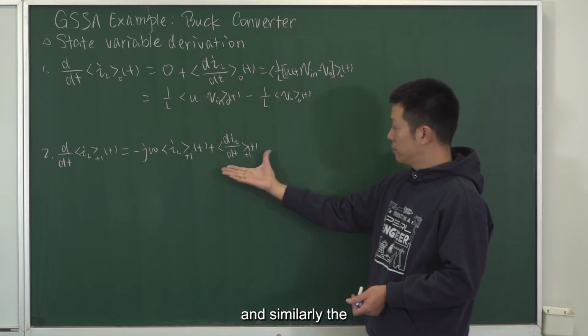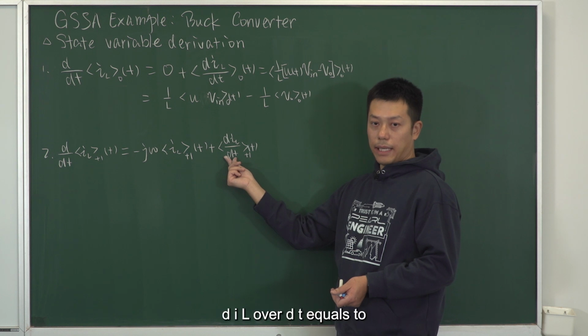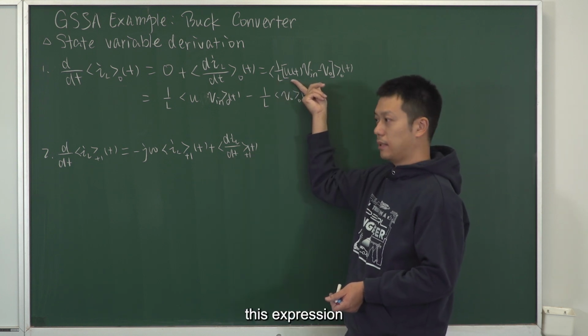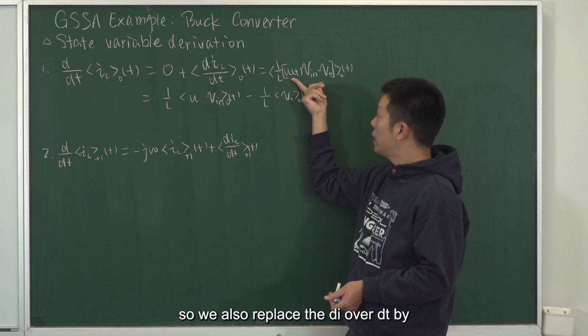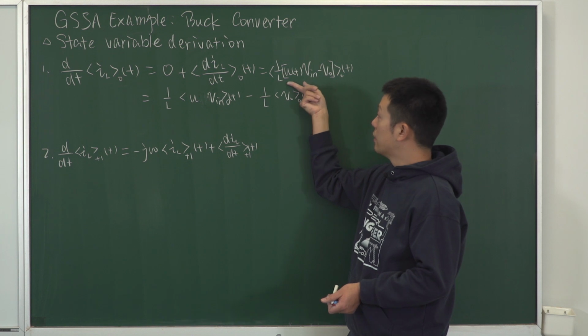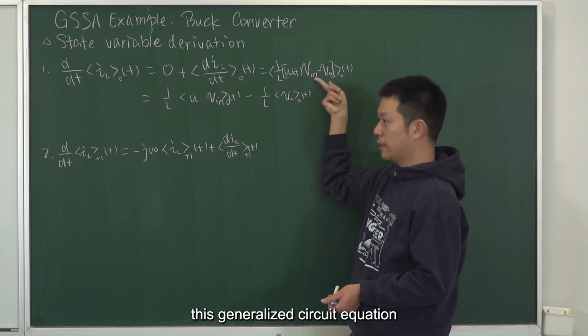And similarly, dIL over dt equals this expression. So we also replace the di over dt by its generalized circuit equation.